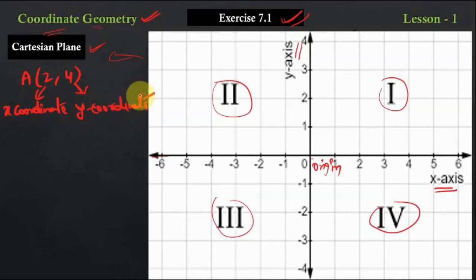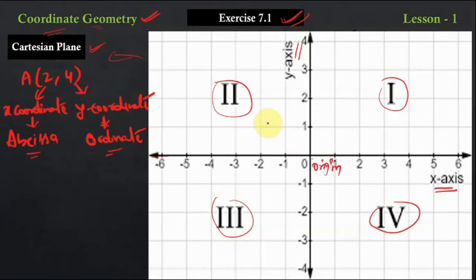And one more important thing is the other name for this x coordinate is called abscissa and y coordinate is called ordinate. Okay, you should remember this. This is very important. You may get this in 1 mark question. Okay, the x coordinate is also called as abscissa and the y coordinate ordinate.